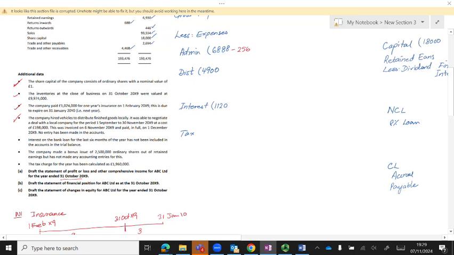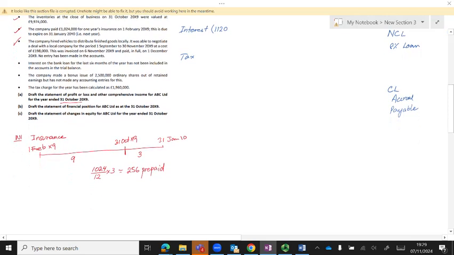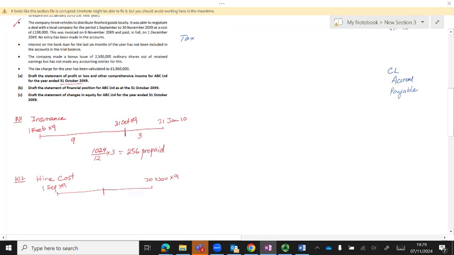Next, the company hired a vehicle to distribute finished goods locally. It was able to negotiate a deal with the local company for the period from 1st of September until 30th of November 2009. Working number 2, hire cost. The period runs from 1st of September X9 until 30th of November X9, and the year end is somewhere in the middle.